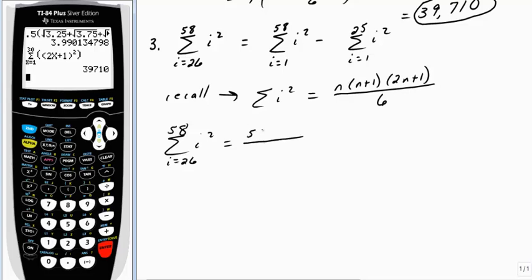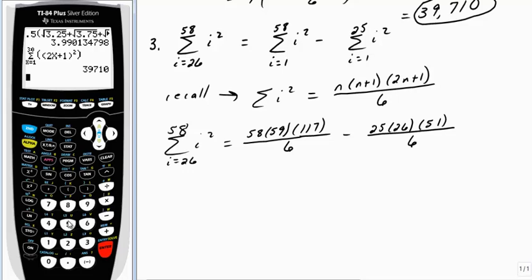So I'll have 58 times 59 times 2 times 58, which is 116, plus 1, 117, all over 6, minus the sum from i equals 1 to 25 of i squared. Well, now n is equal to 25, so we'll say 25 times 26 times 2 times 25 plus 1, 51, all over 6.